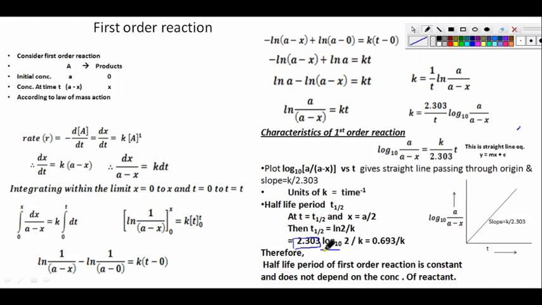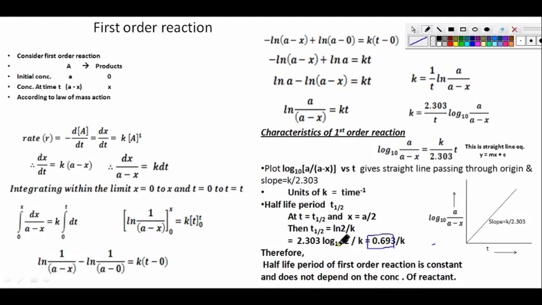So log 2 into 2.303 gives 0.693. So the half-life for a first order reaction is 0.693 upon k. It is a fixed number and k is constant, so this value is constant. So the half-life period of a first order reaction is constant.